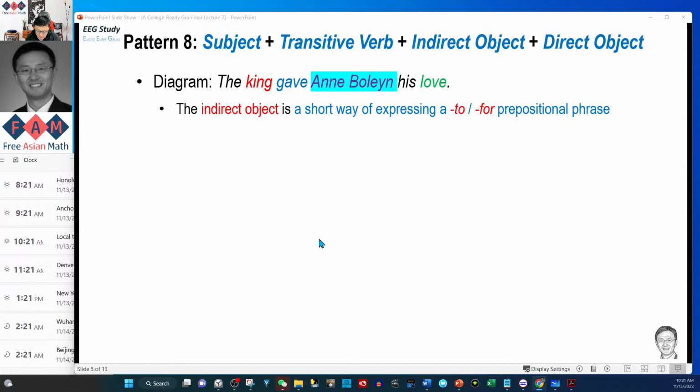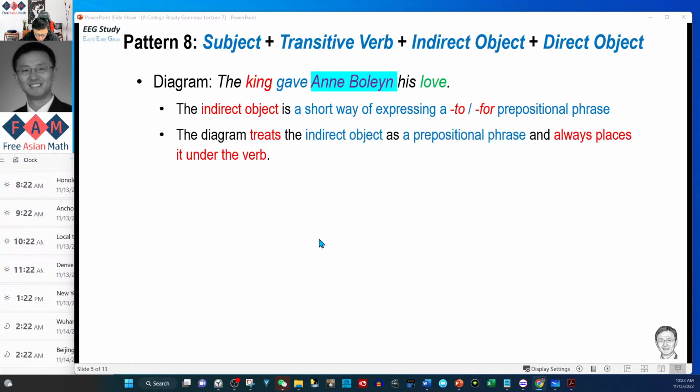Now, because we put the indirect object in front of the direct object, we remove that preposition, to. But otherwise, the two should logically be exactly the same. Therefore, we will diagram this in almost exactly the same way as the earlier version.